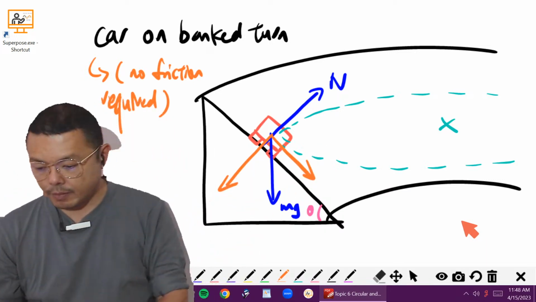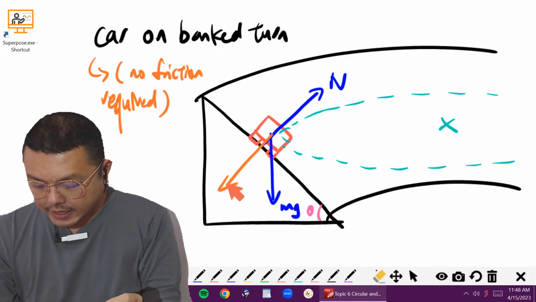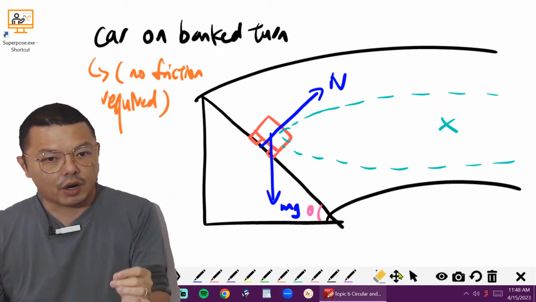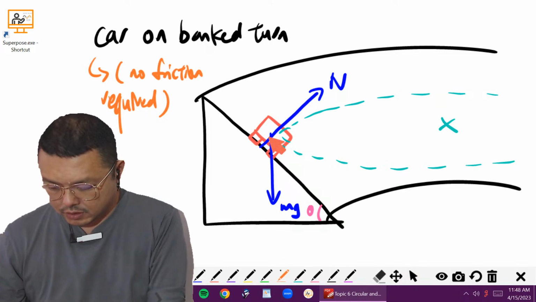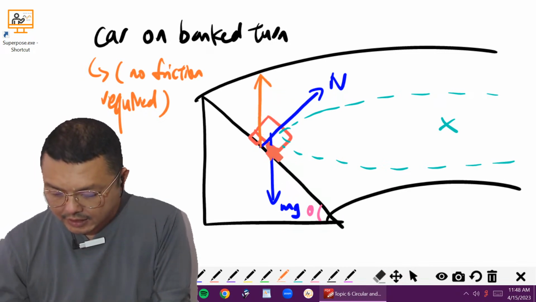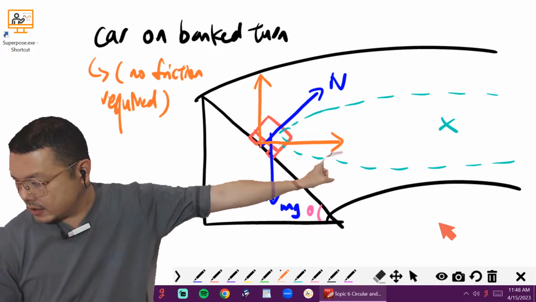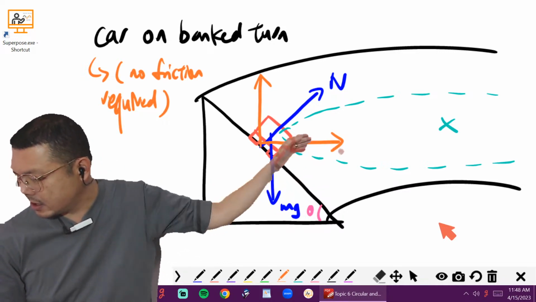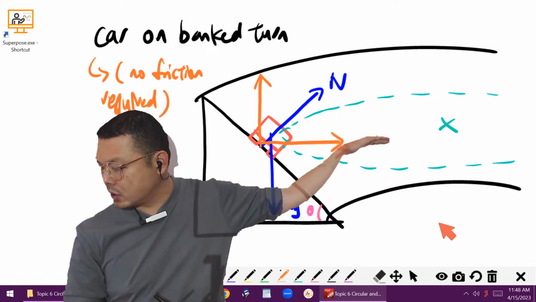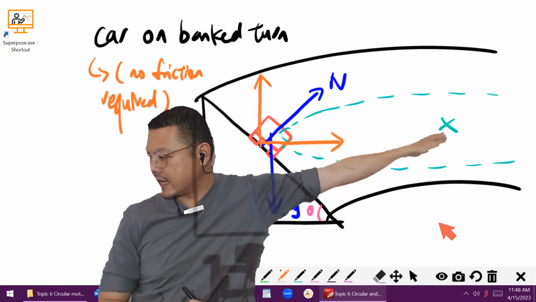So when it's a bank turn, you resolve the normal force into the vertical and the horizontal, because that horizontal component is going to be pointing towards the center of the circle.